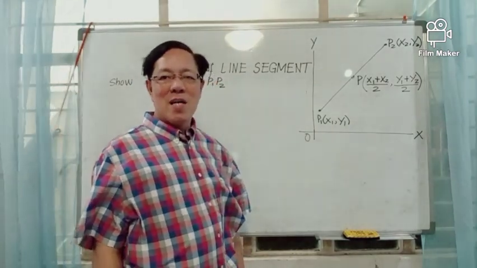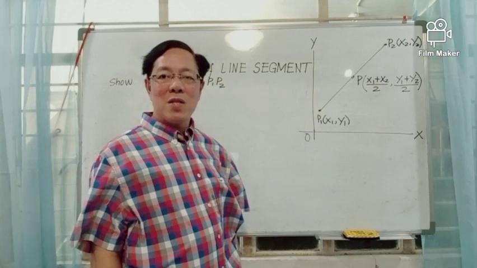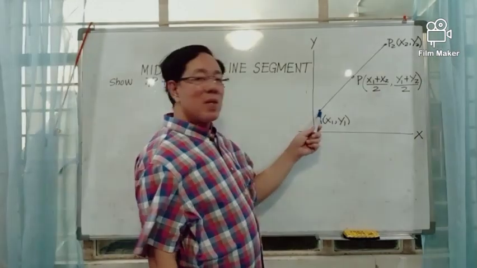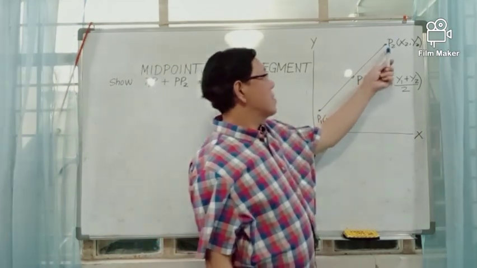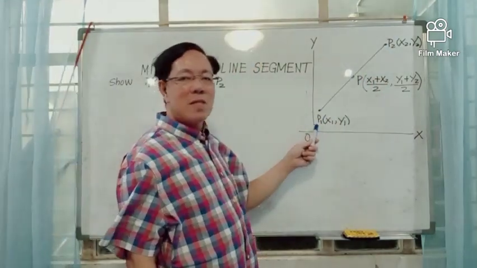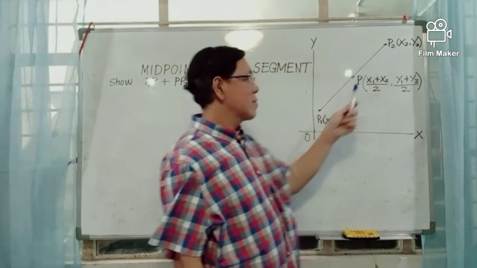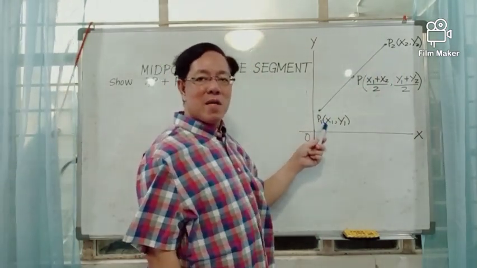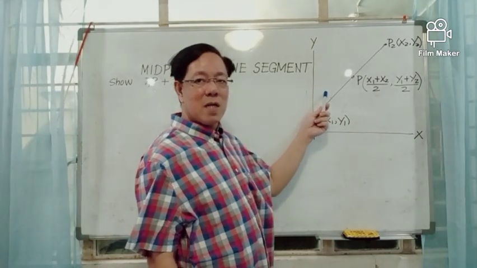We recall the given and the coordinates of the point that we have derived. The given is the line segment with endpoints P1 and P2. And these points P1 and P2 are arbitrary points in the Cartesian plane.